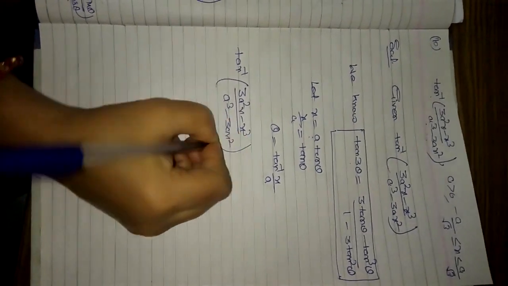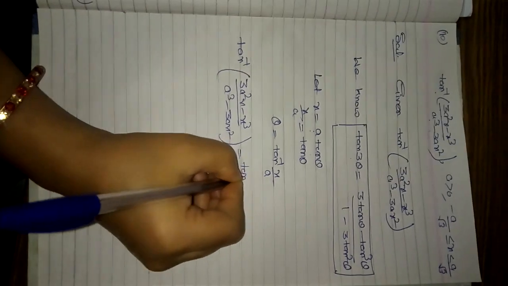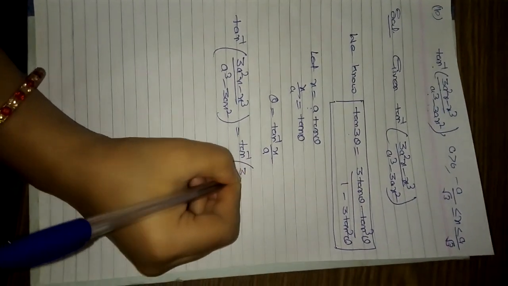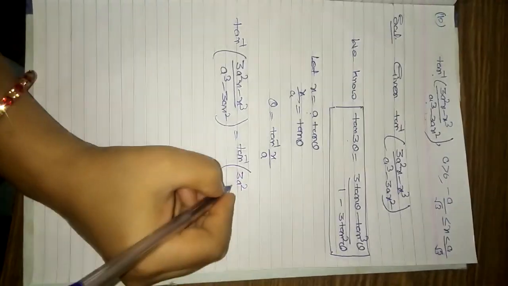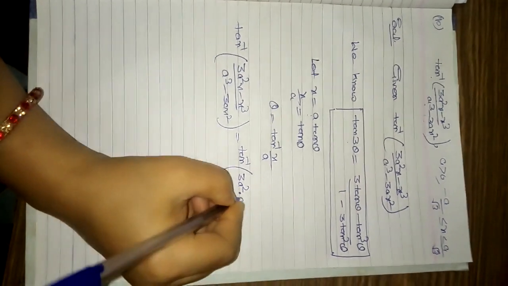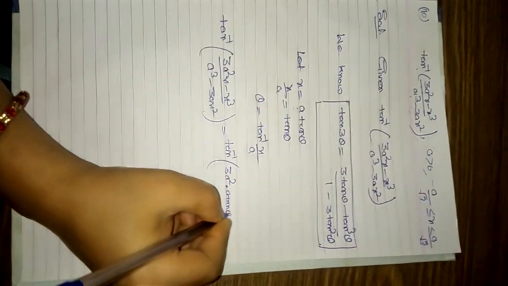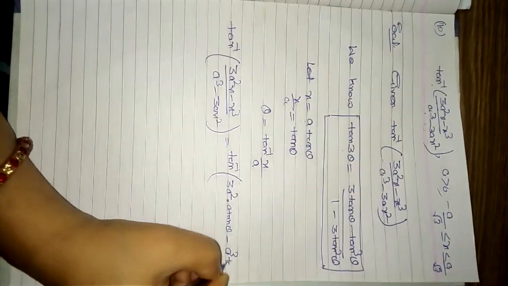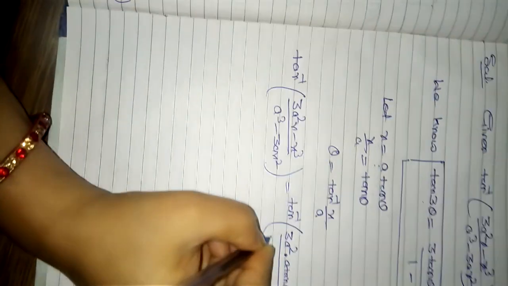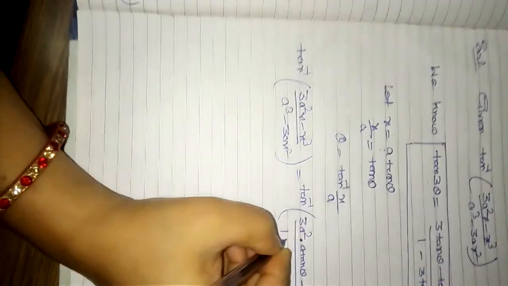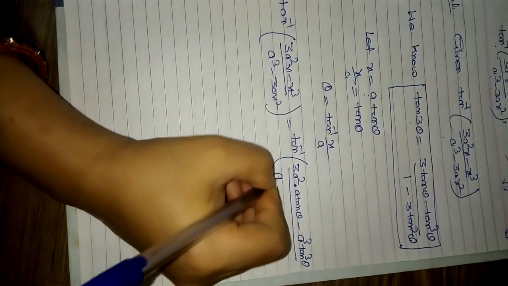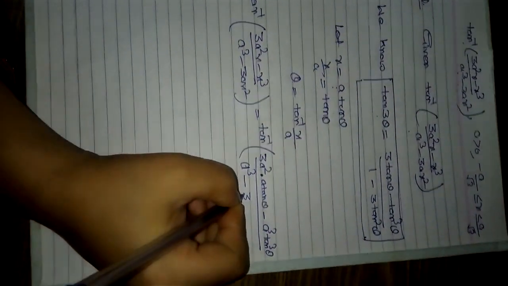Now put this value in this equation, tan inverse of (3a square x minus x cube) upon (a cube minus 3ax square). Now 3a square is as it is. The value of x is a tan theta, minus x cube, so it will come a cube tan cube theta, upon a cube minus 3a.